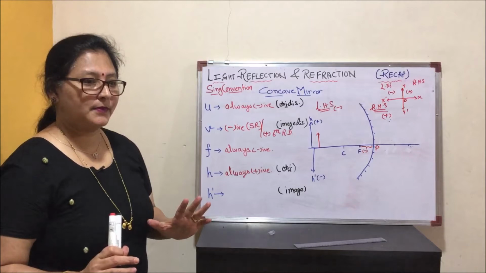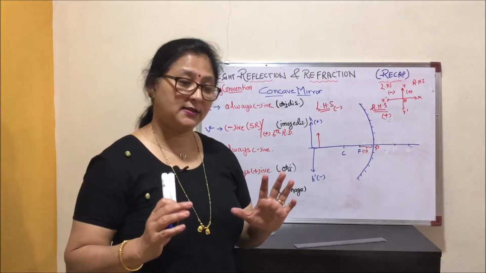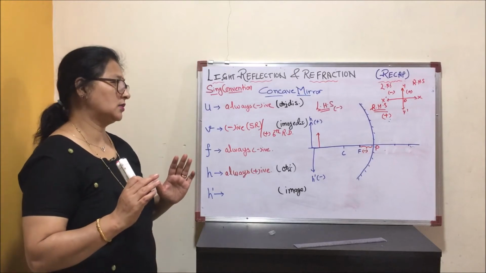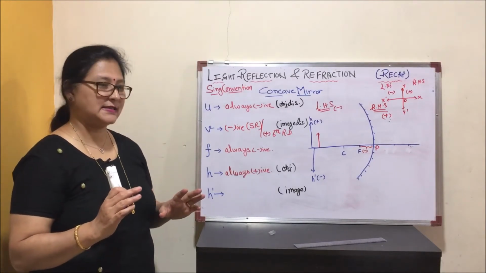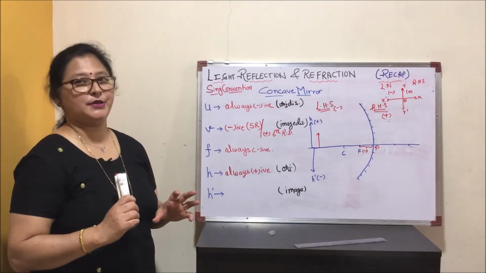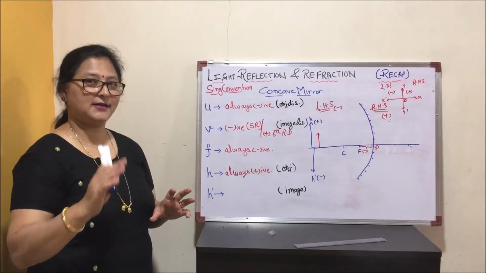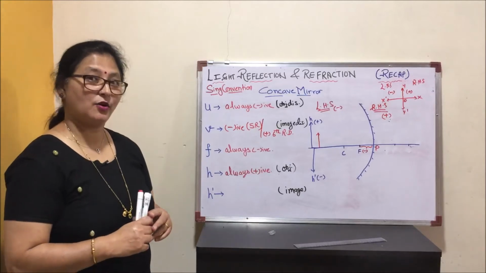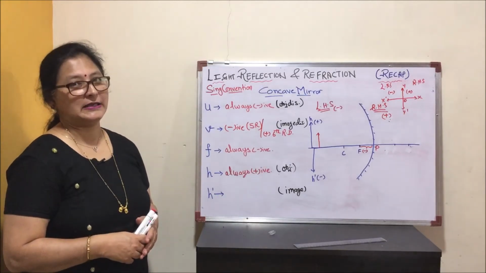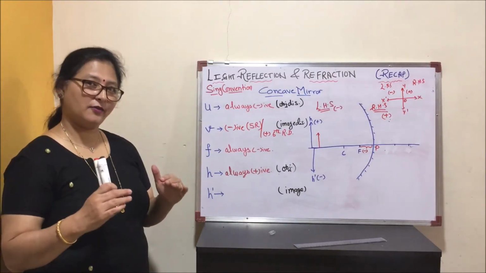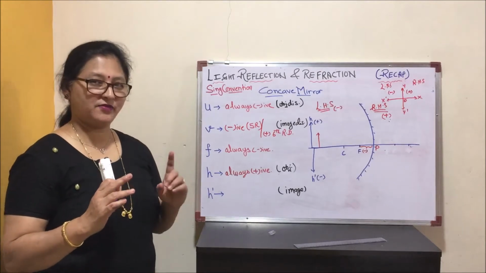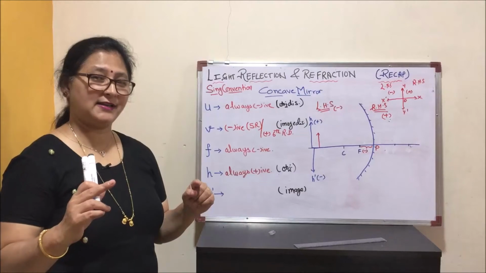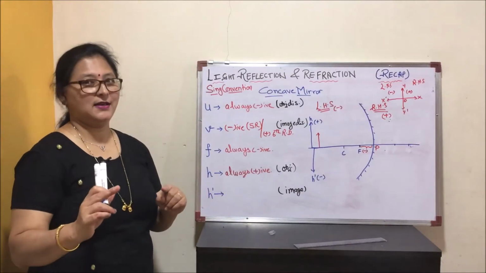If I tell you that the distance between the pole and the center of curvature is 30 centimeter, and the mirror is concave, how are we going to find the focal length? We know that focal length is half of the distance between the center of curvature and the pole. We call that distance the radius.